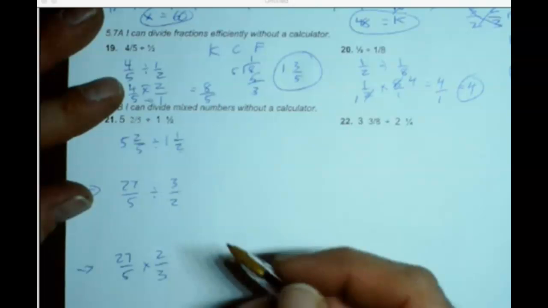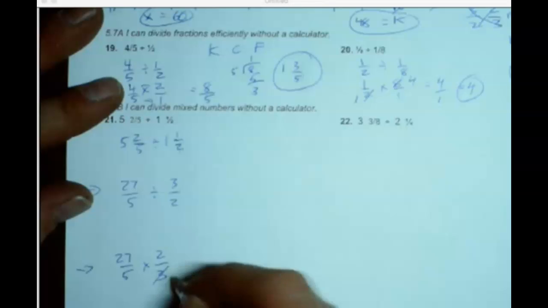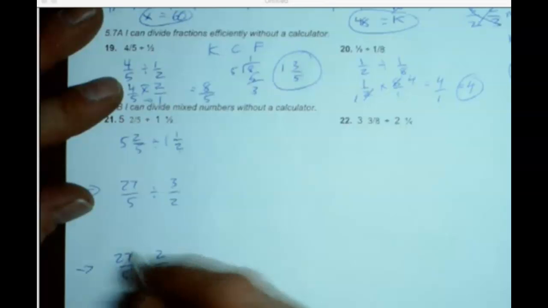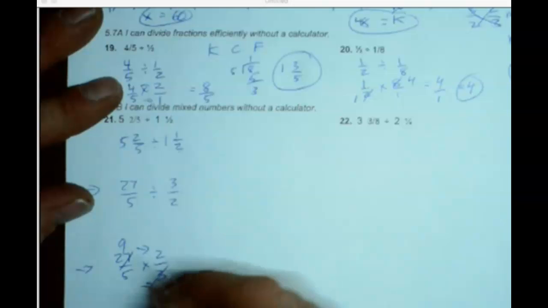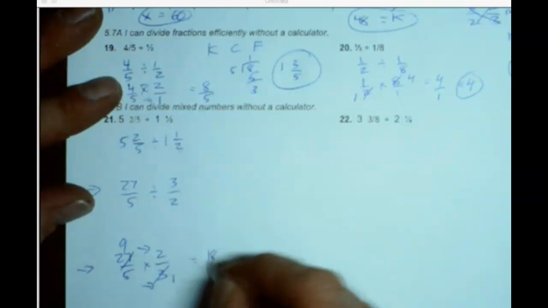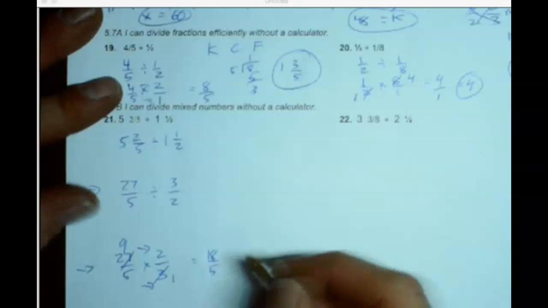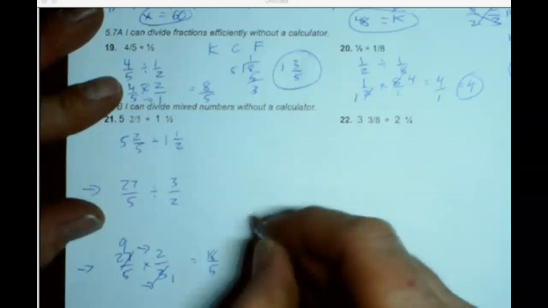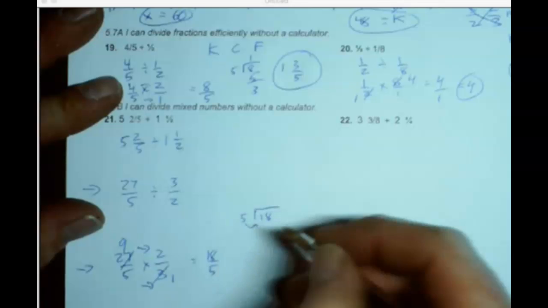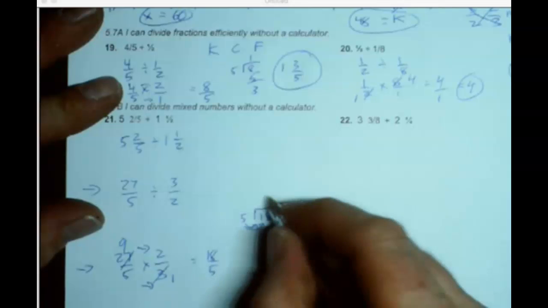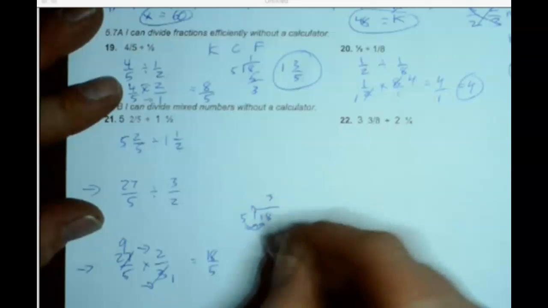I can't do anything with the 5 and 2, but I can divide by 3 here. There's 1 3 in that. There's 9 3s in that. Now I can multiply. 9 times 2 is 18. 5 times 1 is 5. I got 18/5. There's that upside down ice cream cone. 18, I'm going to divide it by 5. 5 does not go into 1. 5 goes into 18 3 times. 5 times 3 is 15.